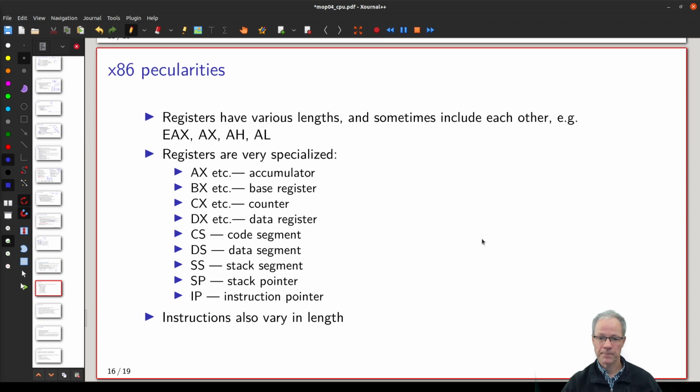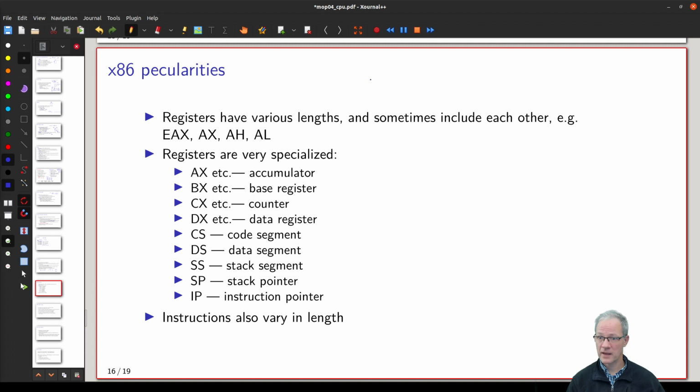All right. Now, let's look at the x86 architecture a little bit. So x86 is different from the ARM in one way, such that it has very specific registers. They're not all equal. They can even be in different sizes.